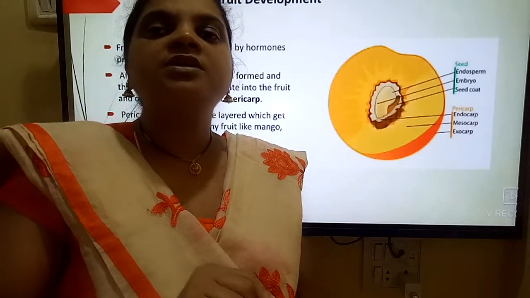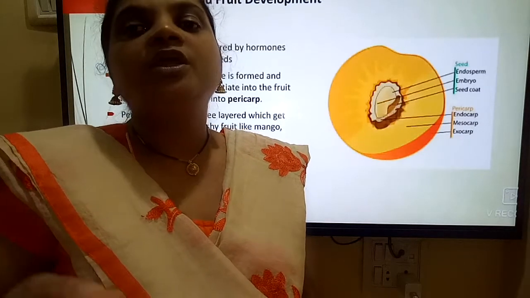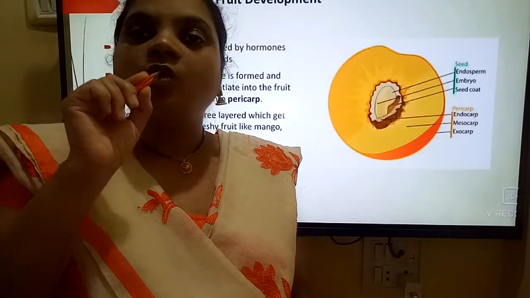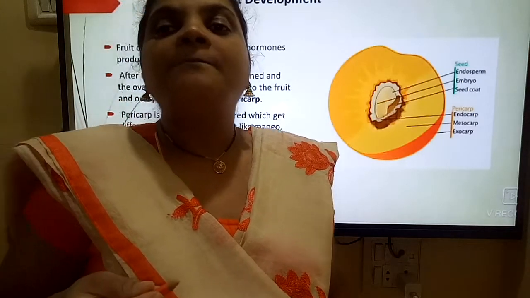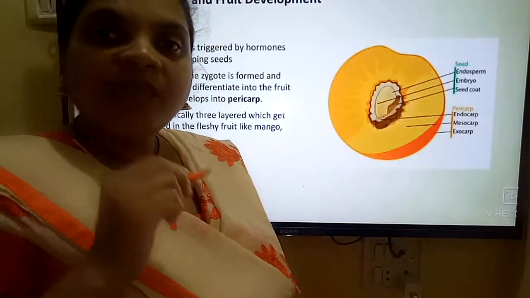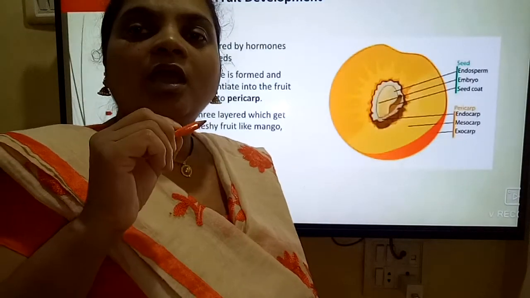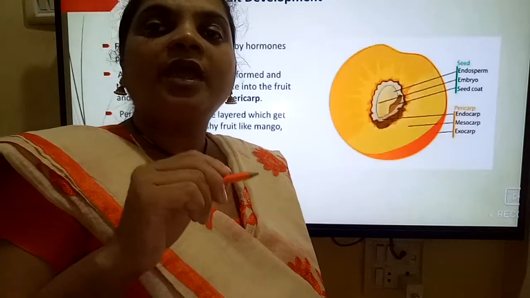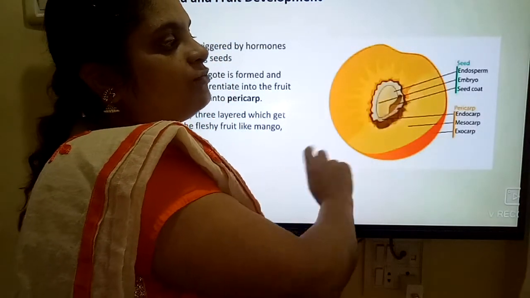Simultaneously, the ovary gets differentiated into the fruit. The ovary wall transforms into the pericarp, and this pericarp differentiates into three layers: exocarp, mesocarp and endocarp. This is the fruit of mango.